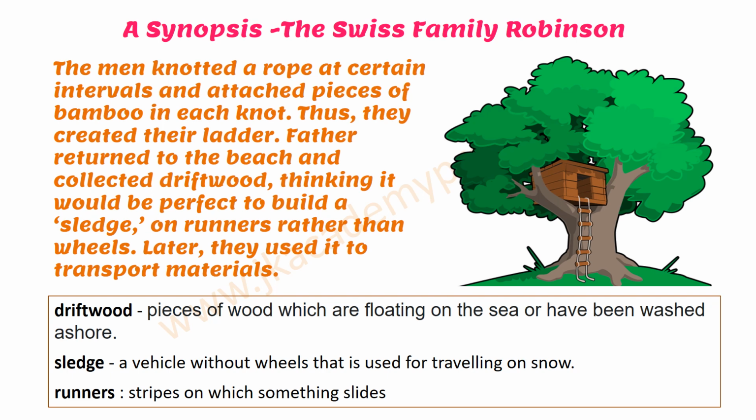So that is how he got the idea of making a sledge on runners, and later they used it to transport material. They needed a lot of things to carry up and down from this side to that side. So the sledge that they made on runners acted like a vehicle for them to carry things from one place to the other.